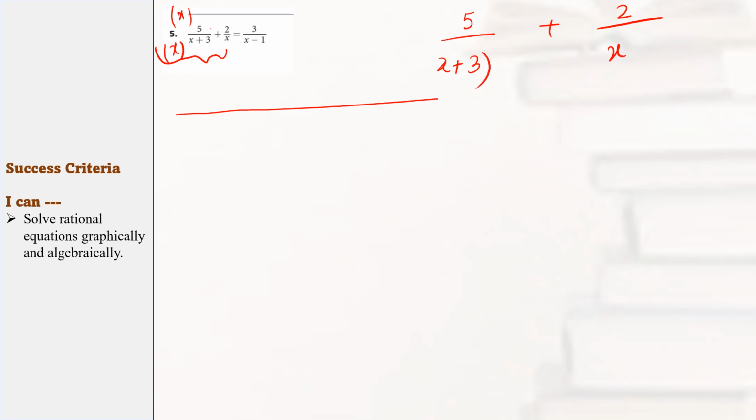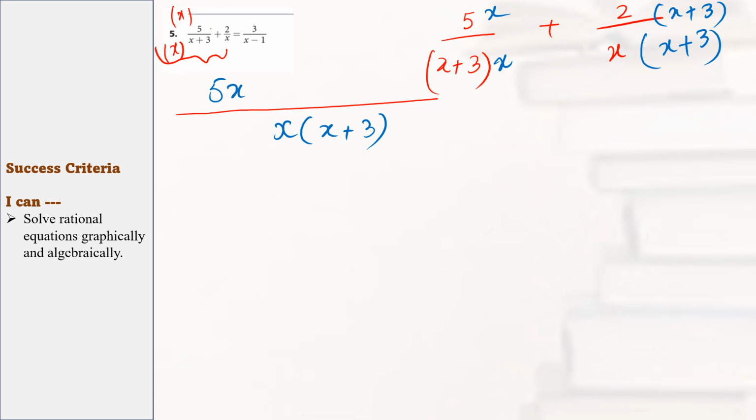So here I will multiply by the x down also and up also. And here I will multiply by x plus 3 down also and up also. So on the denominator I will write only one time x and x plus 3. And above I will open the bracket. This is 5.